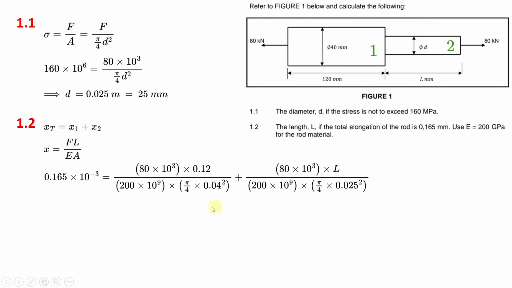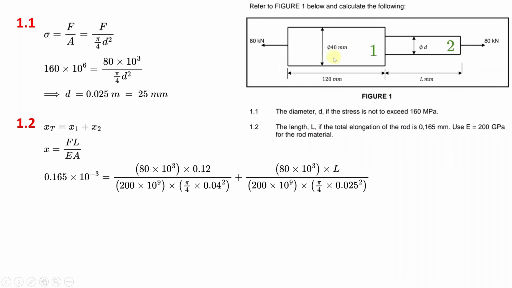It's 80 kilonewtons. So it's going to be equal to 80 multiplied by 10 to the 3 multiplied by the length of the first segment. The first segment is 120 millimeters, so to change that to meters, that gives you 0.12, divided by E. E1 is equal to E2, so it's 200 gigapascals multiplied by the cross-sectional area of 1.